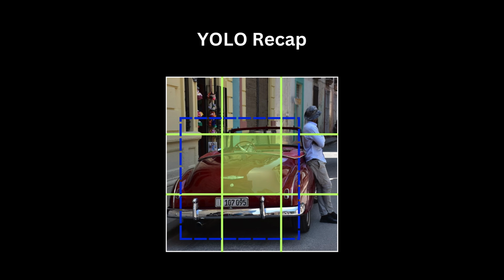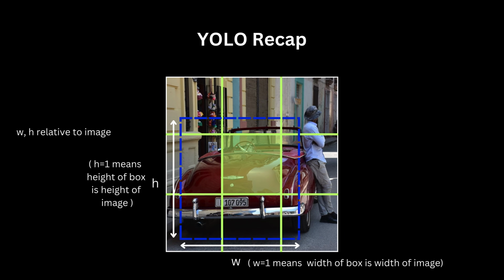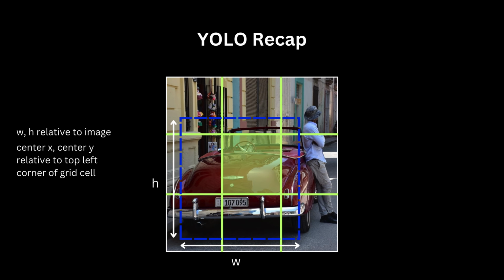For each box prediction, YOLO predicts 4 localization parameters. The localization parameters are width and height, which are relative to the width and height of the image, and X and Y parameter predictions, which are offsets from the top left corner of the grid cell of the box. For instance, let's say we are predicting this blue box, which is a prediction of the center grid cell.